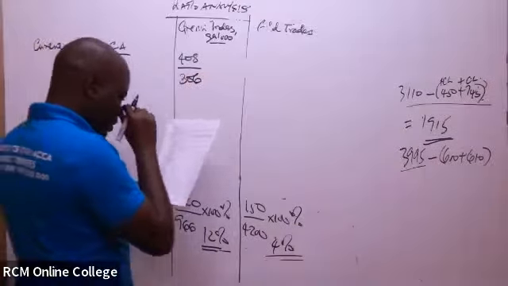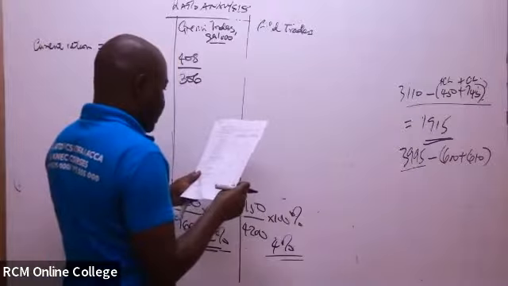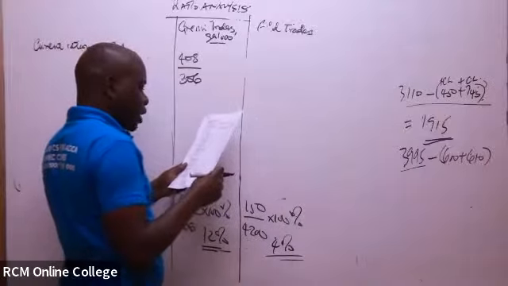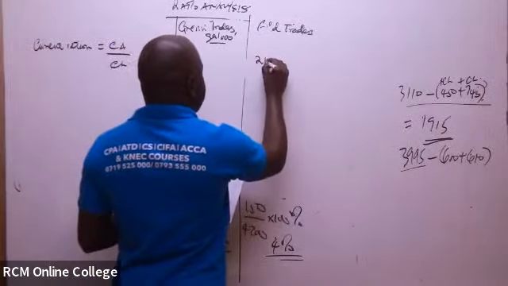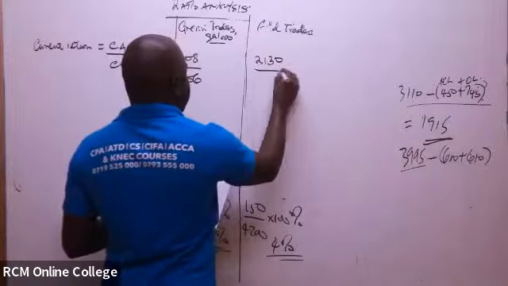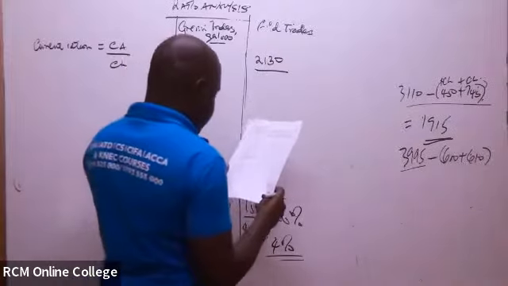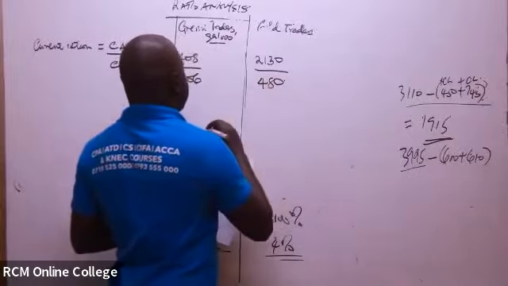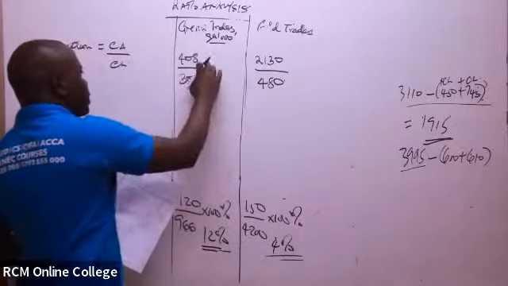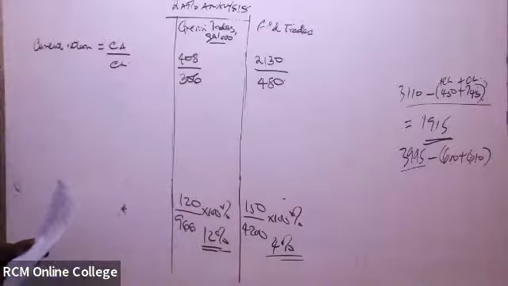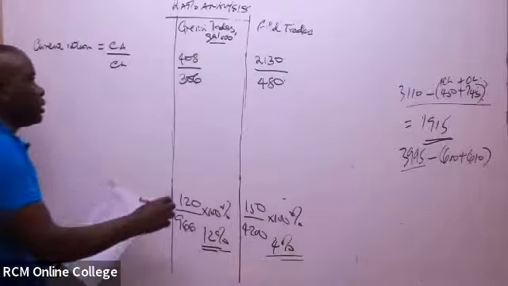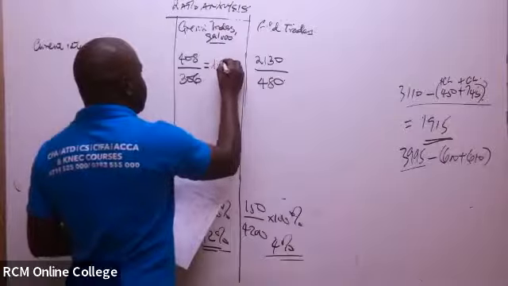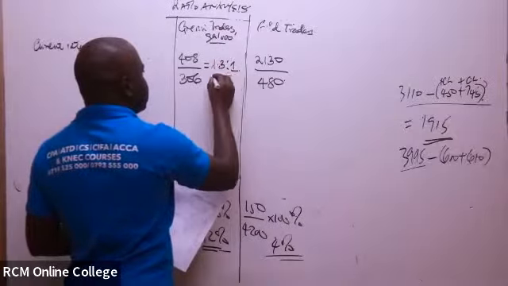Then for this other one, the current assets is 2130, and the current liabilities is 480. So what do you get? This one should be 1.3 to 1.